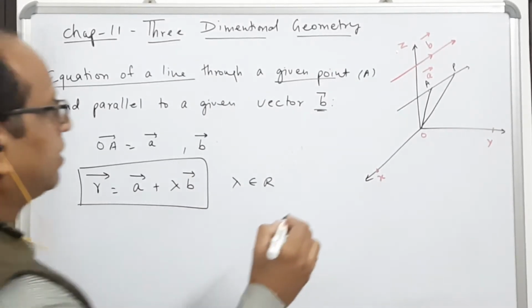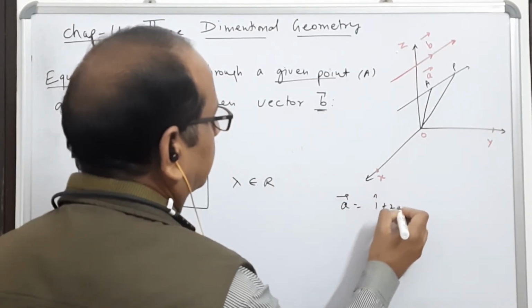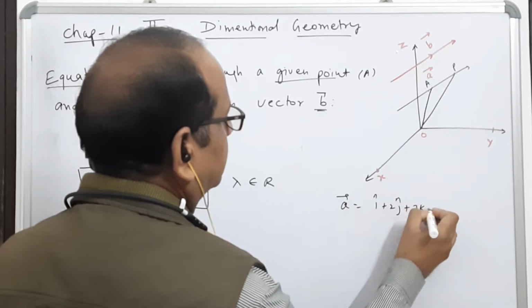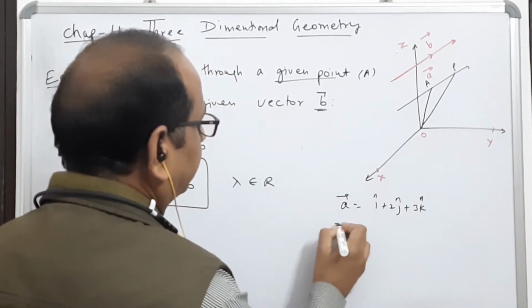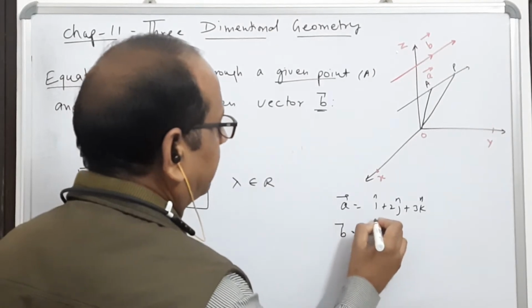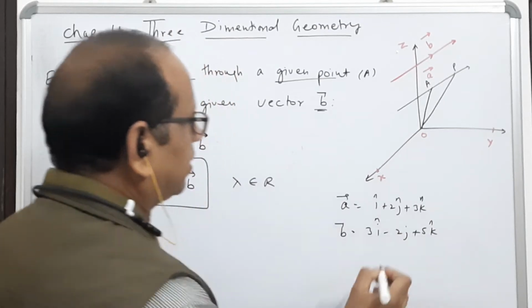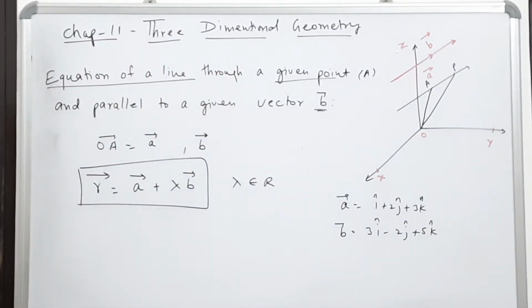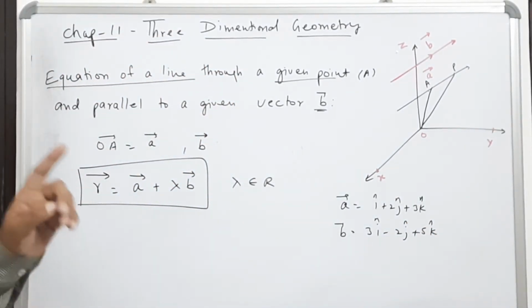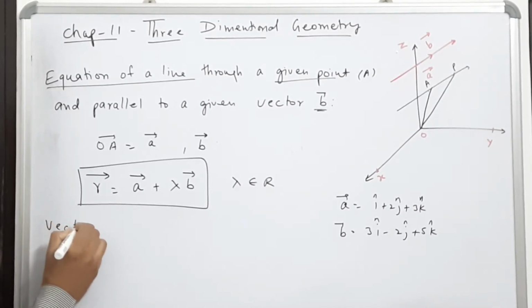For example, if the vector A is i cap plus 2j cap plus 3k cap, and there is another vector B which is 3i cap minus 2j cap plus 5k cap. We can take any vector for that matter. Then what will be the equation of the line in vector form?